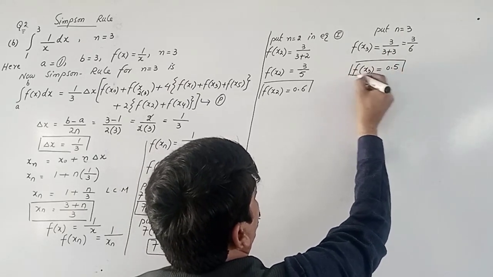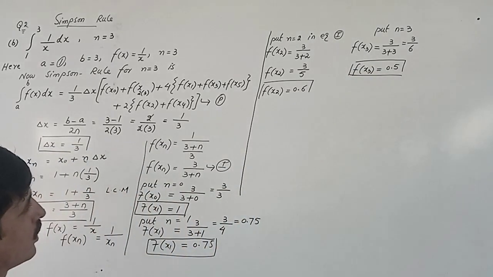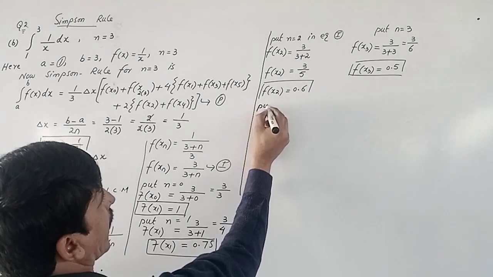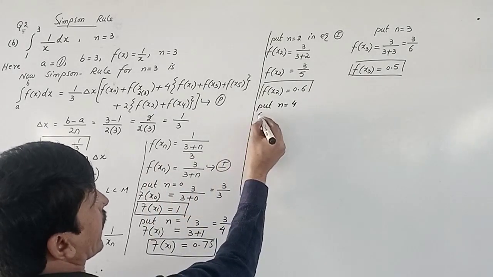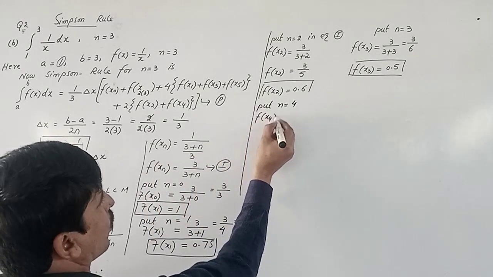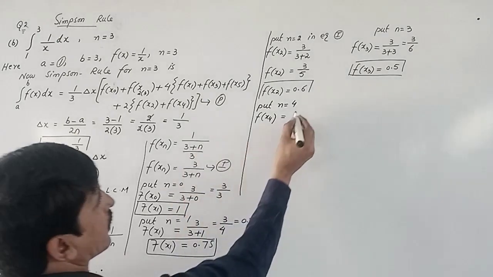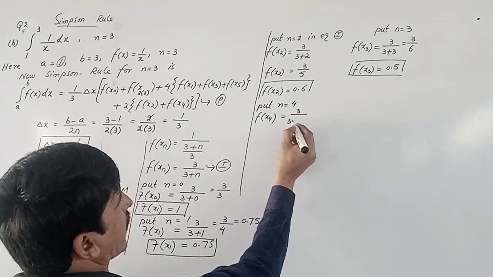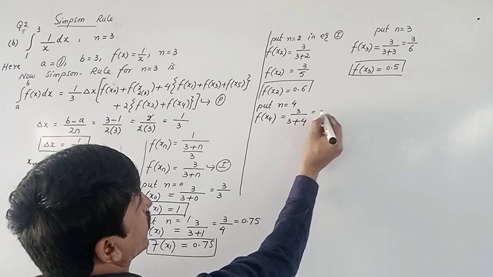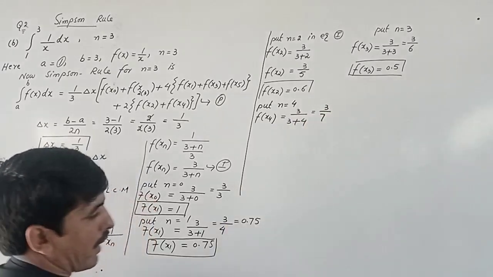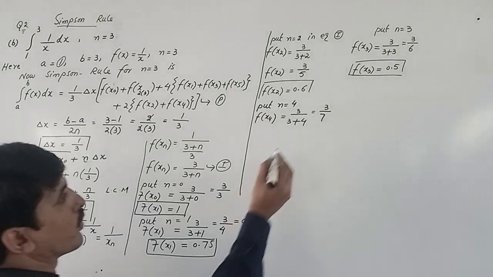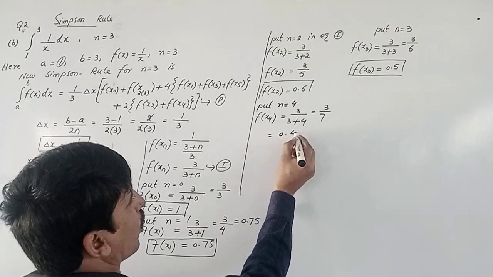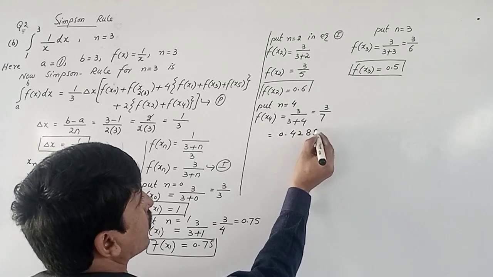Put n is equal to 4 in equation 1, so we get f of x4 is equal to 3 divided by 3 plus 4, which is equal to 3 divided by 7. 3 divided by 7 is equal to 0.4285.